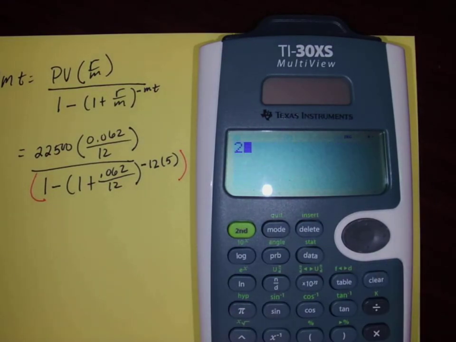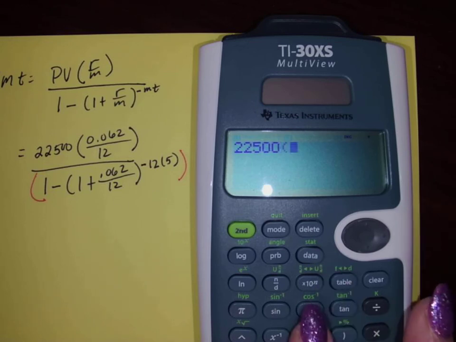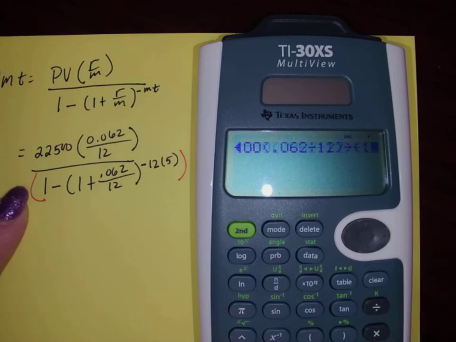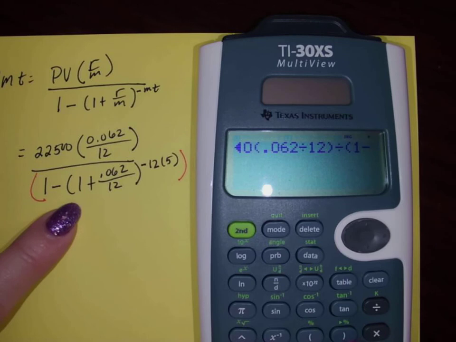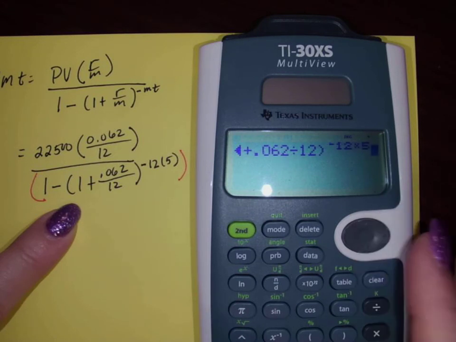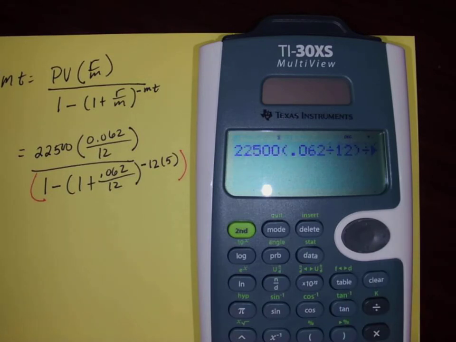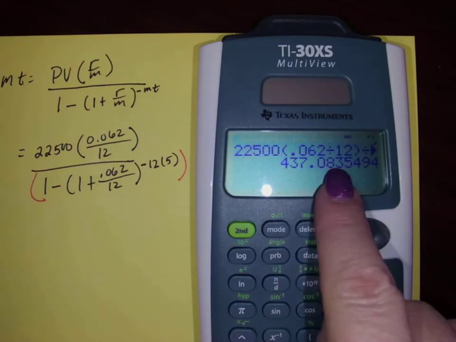Let's clear all that out. 22,500, parenthesis, 0.062 divided by 12, close that parenthesis, divide by, parenthesis 1 minus, parenthesis 1 plus 0.062 divide by 12, close the parenthesis, raise it to that negative 12 times 5, bring it down to put in that last parenthesis. And we'll get $437.08.